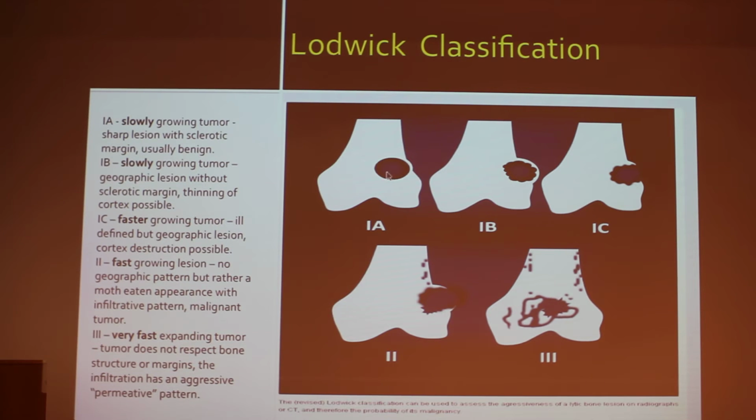Basically, the first stage, 1A, is a well-defined lesion with sclerotic margin around, which is absolutely benign, and it goes then from benign to malignant, and at the end, on stage 3, it's a permeative lesion with the whole lesion involving the bone.